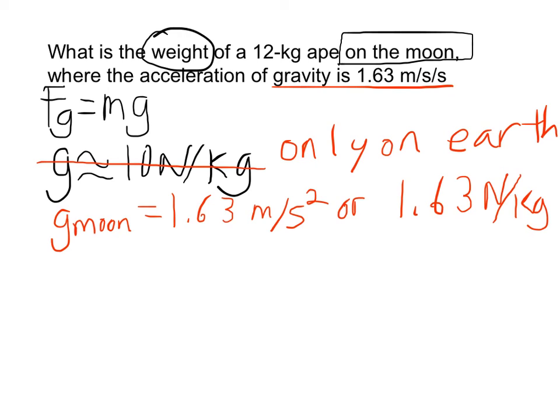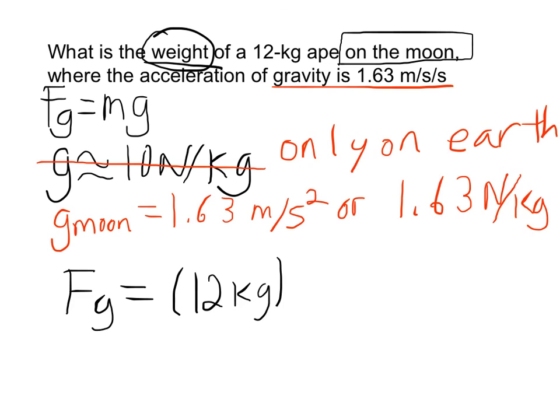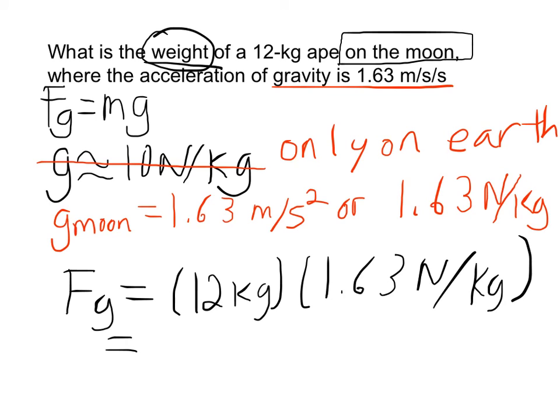All right, here we go. Let's solve the problem. We have our equation, weight equals mass times gravity. The problem asks for weight, so the equation's already in the right form. We just have to sub in Fg equals 12 kilograms times 1.63 newtons per kilogram, and we get 19.56 newtons. All right, that's it.